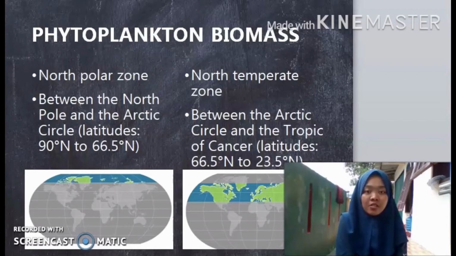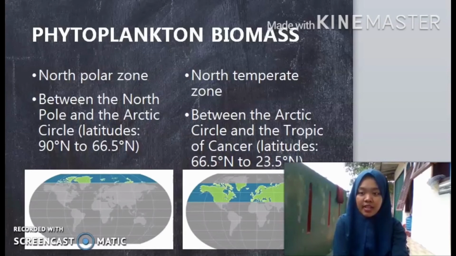The second is the north temperate zone. The north temperate ocean, in the meaning, is in the northern hemisphere. Temperate oceans are located between the Tropic of Cancer and the Arctic Circle. In here you can look at the area between the Arctic Circle and the Tropic of Cancer.